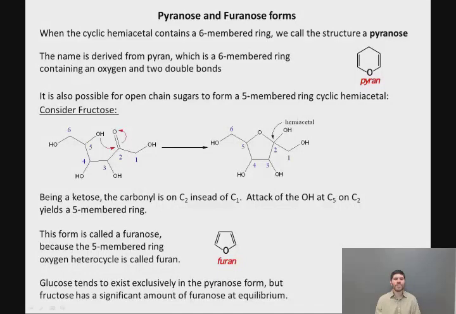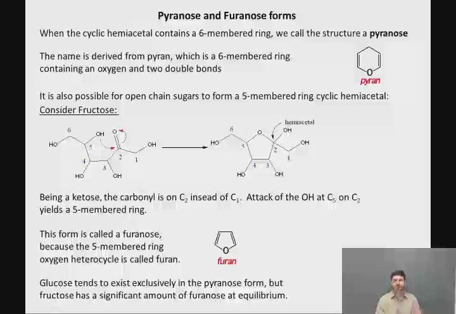Glucose tends to exist exclusively in the pyranose form, six-membered ring, because we saw just how wonderful that six-membered ring is with trying to get its substituents equatorial. But fructose actually is a mixture of furanose and pyranose forms as the two cyclic hemiacetal forms, and it has a significant amount of furanose at equilibrium.